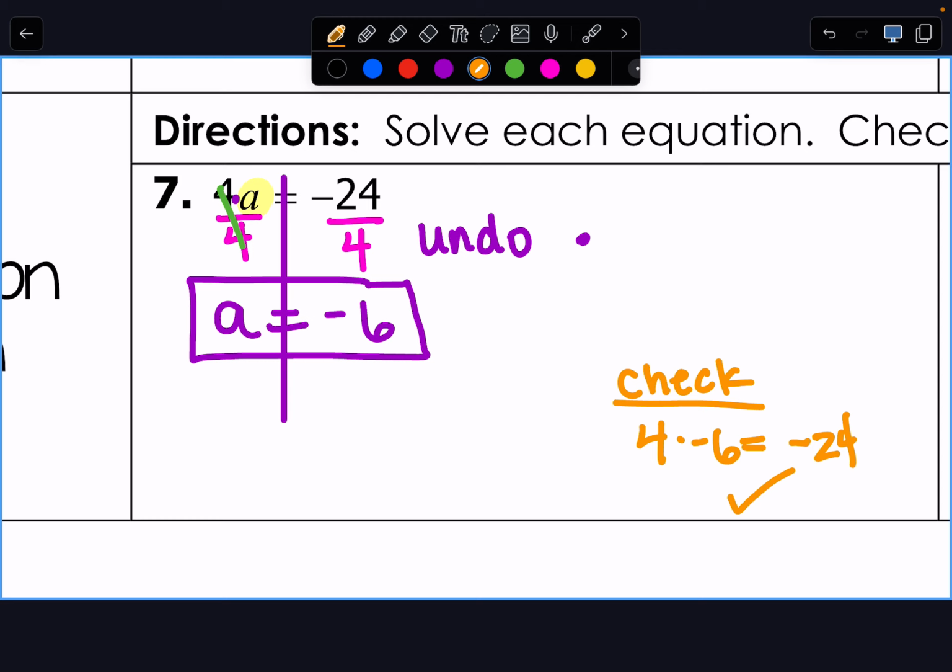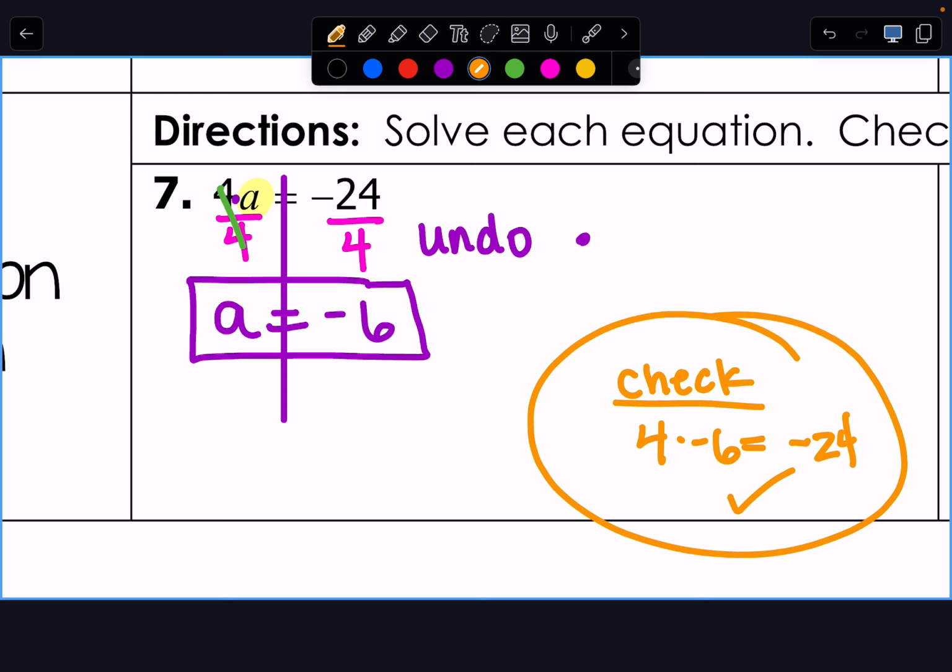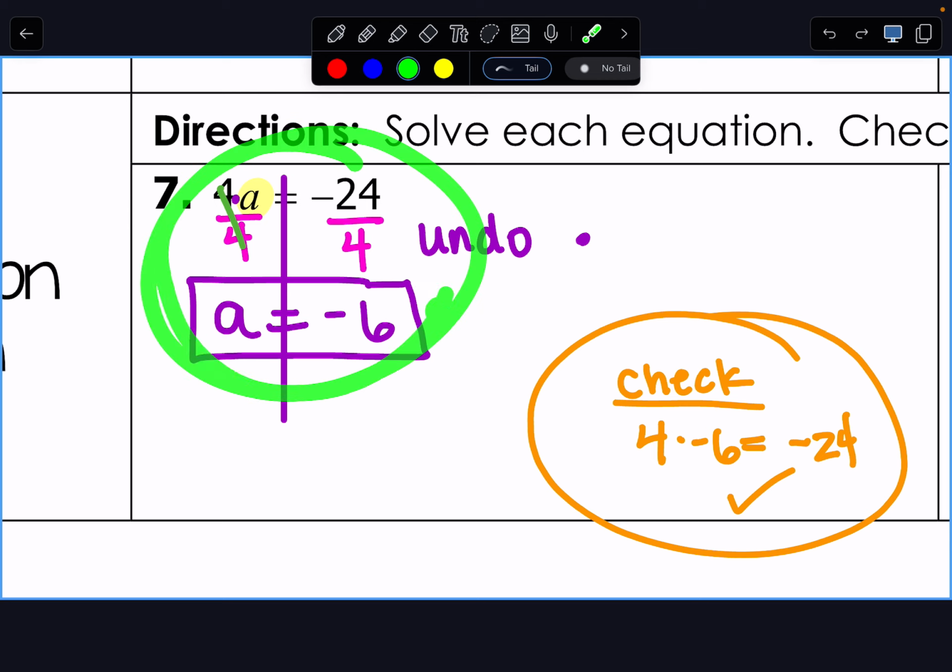I am not going to make a big deal of you showing me this work right here. If you do it and you don't write it down, that's fine. But I want you to go through the process of checking your answer. That way you know if you have it right. Just if you want to do it in your head, hey, 4 times my answer equals -24. That's fine.